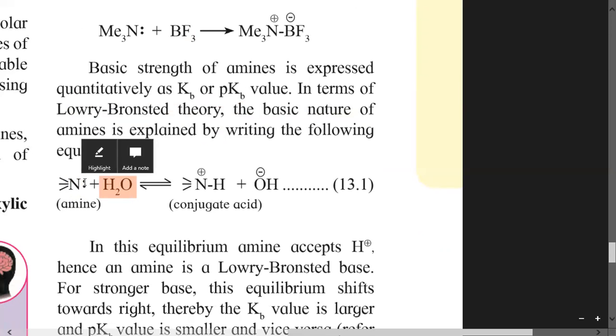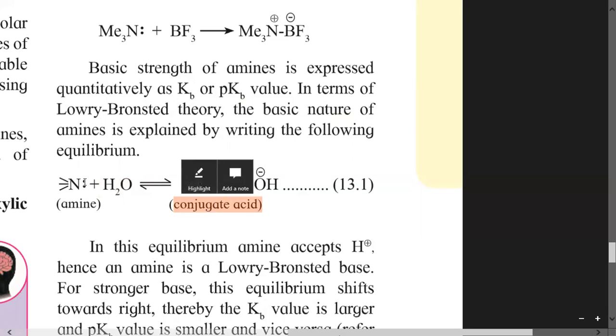This nitrogen gets bonded with hydrogen by sharing its lone pair, and the side product is OH minus. Here the amine containing hydrogen, that is nitrogen bonded with 4 bonds, is positively charged, and it is a conjugate acid.